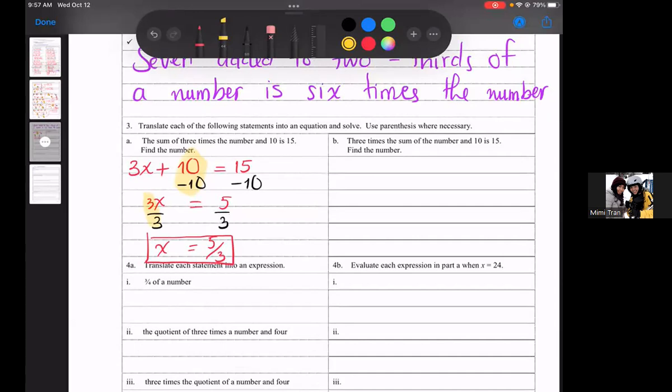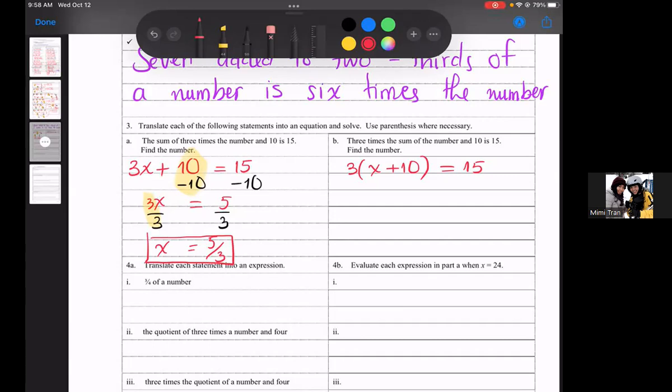All right, B. How would I do B? Very good. X plus 10. So be careful, right? You gotta be able to know when to use a parenthesis. 3 times the sum means 3 times something.